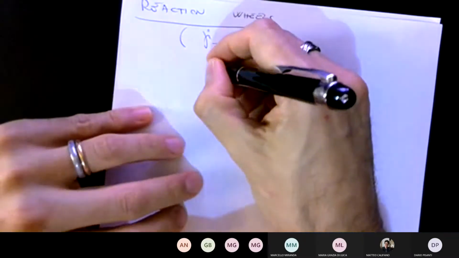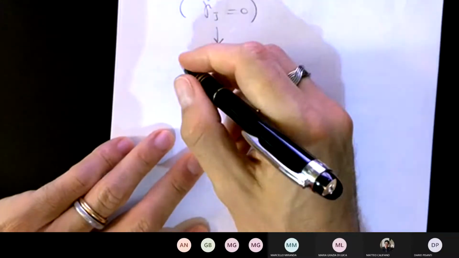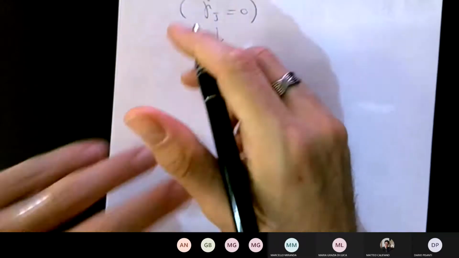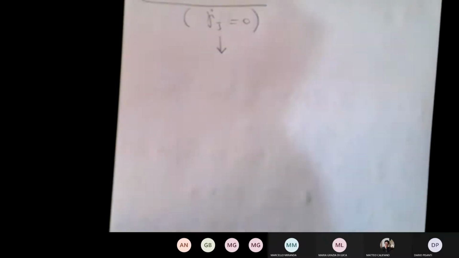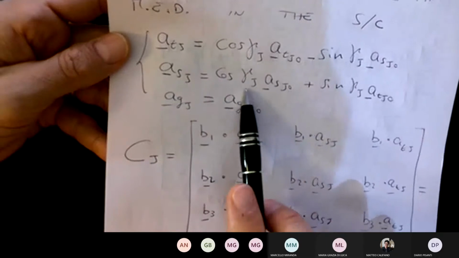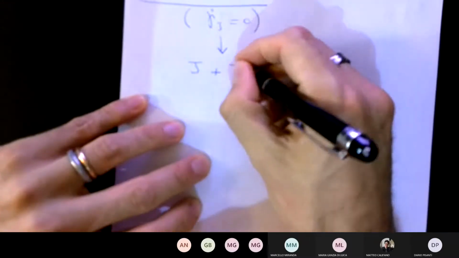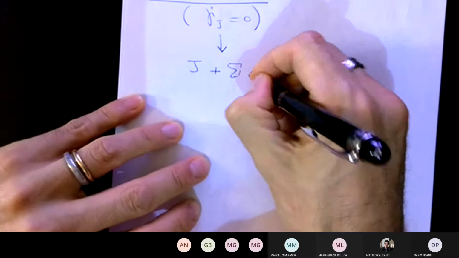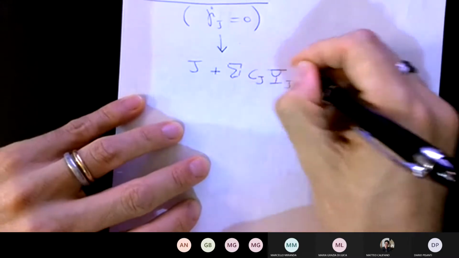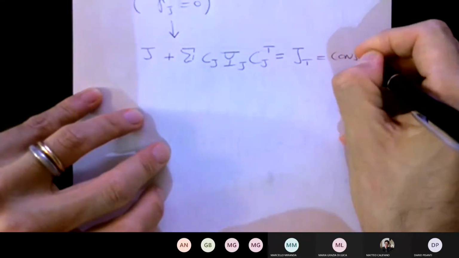As a consequence, all that was making the Cj change was really the gamma. Remember that the equations we wrote for the axes T, S, and G are just functions of gamma. So if gamma doesn't change, they're locked, it's not a function of time anymore. Meaning that J plus summation of the Cj Yj Cj transpose, I can just call it total J, and it's a constant. It doesn't change anymore.